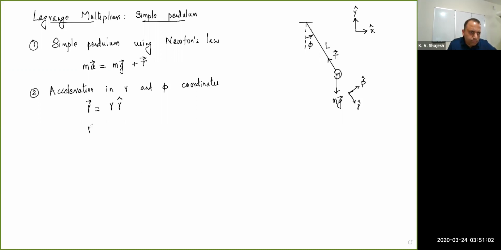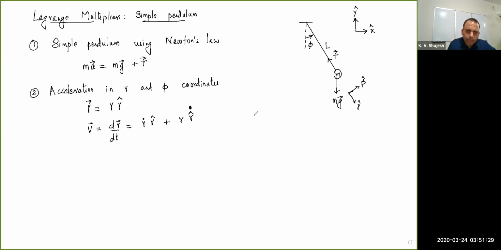Velocity v is dr by dt. We distribute the derivative over both the magnitude and the vector. So we get r dot times r hat, plus r times r hat dot.